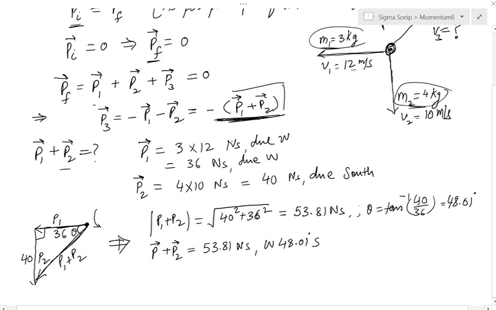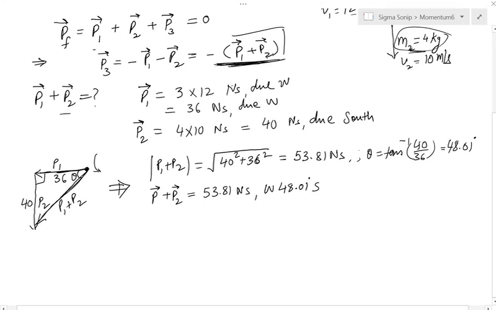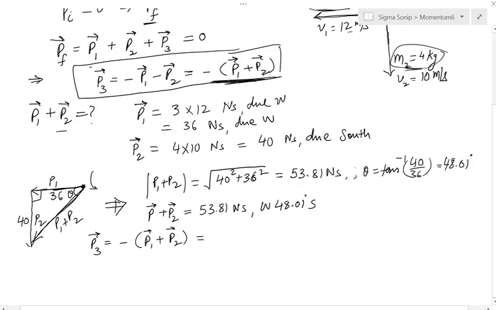Once we find P1 plus P2, now we can find P3. We already saw that P3 is equal to minus of P1 plus P2, which is minus of 53.81 Newton seconds west 48.01 degrees south.